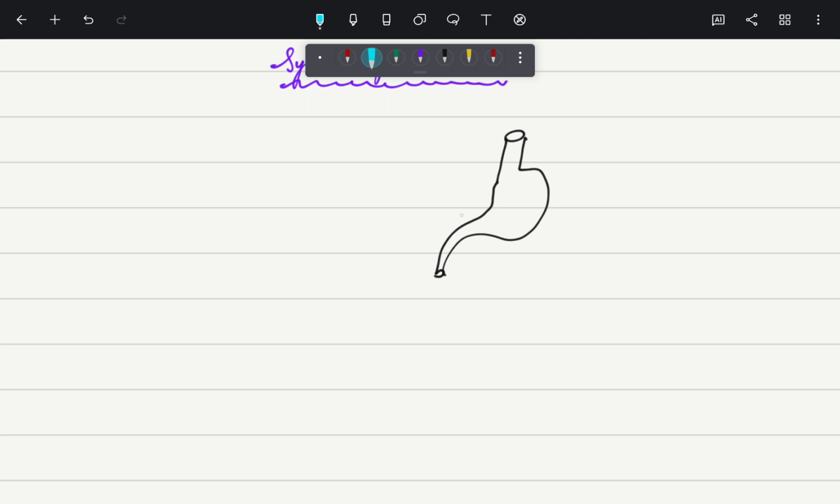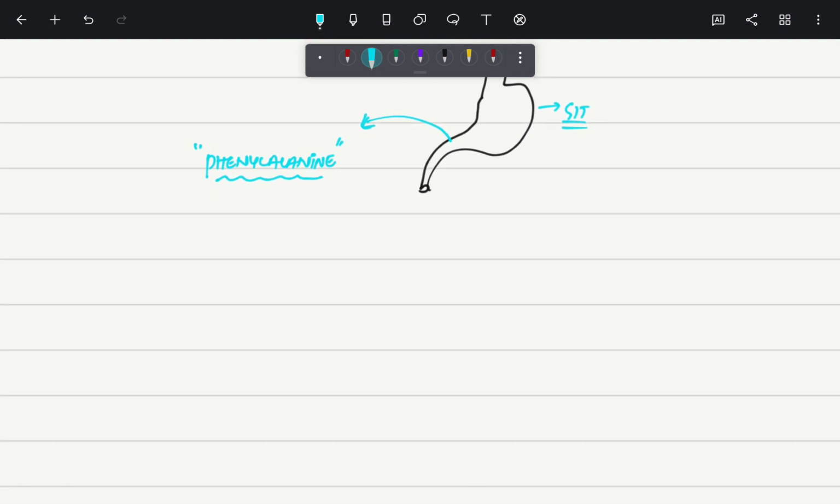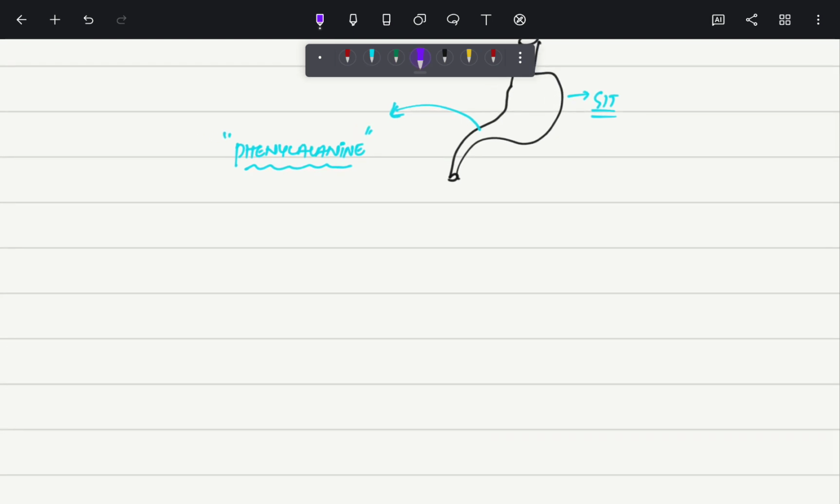Whenever you eat a lot of protein diet, from the protein we will derive an amino acid called your phenylalanine. So as you can see here, phenylalanine is an amino acid which is derived from your gastrointestinal tract. Now we are going to synthesize the catecholamines from this phenylalanine.